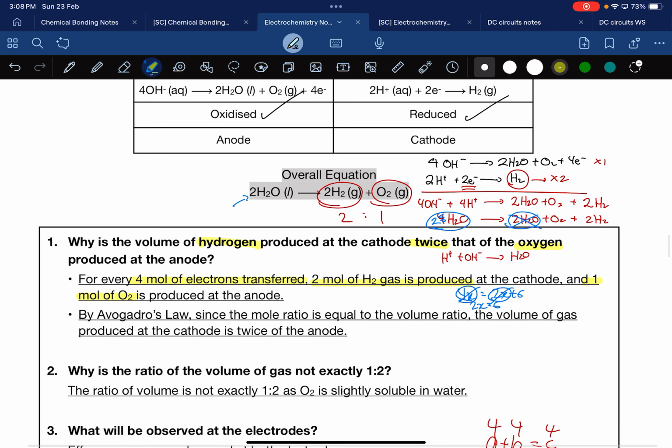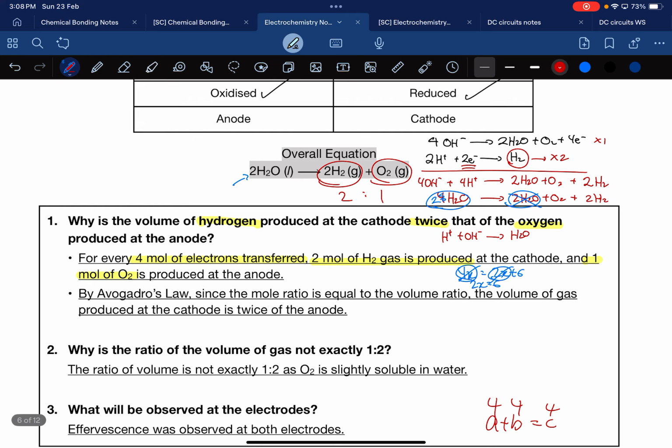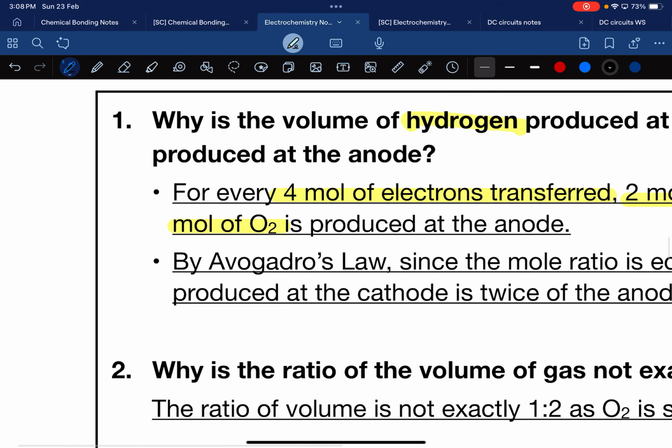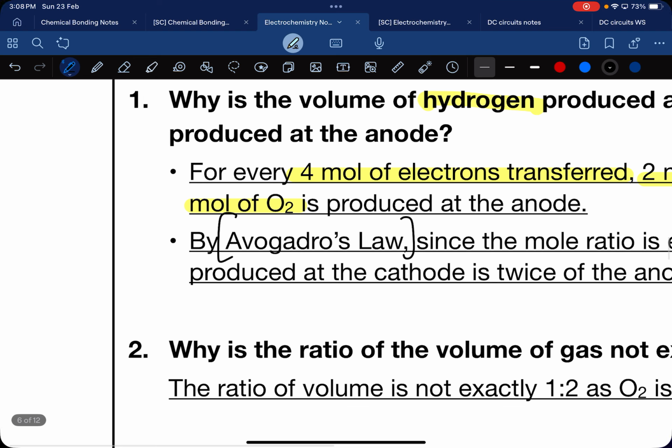So by Avogadro's law, can anyone tell me what Avogadro's law is? What's Avogadro's law? Yes, n equals volume over 24 dm3. 6.02 is Avogadro's constant, which is not applicable here.